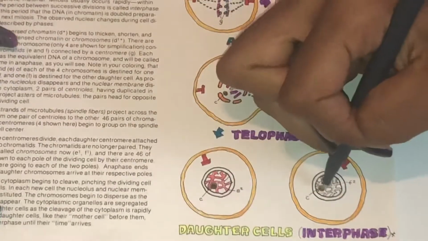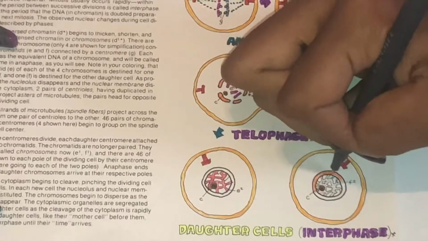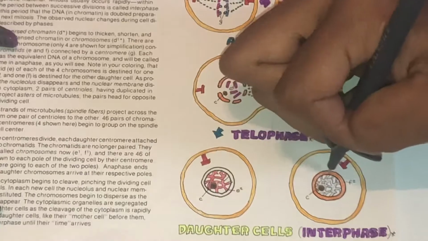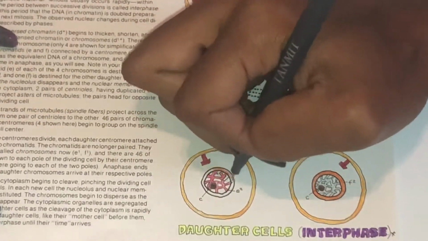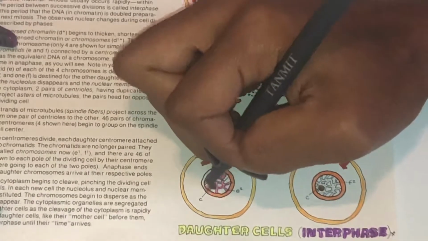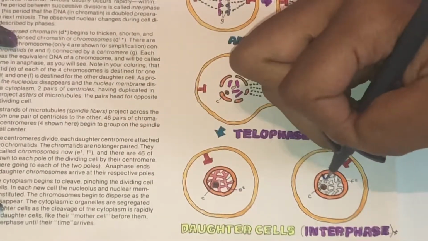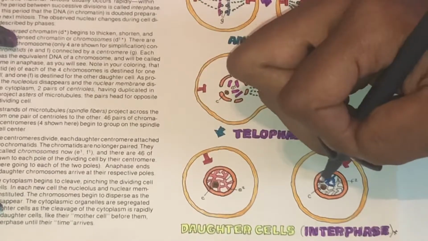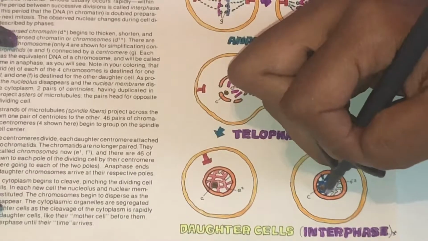And let's go ahead and color that nucleus. Nuclear membrane. And F2 chromatin. So like I said, it went from chromatids to chromosomes to chromatin.